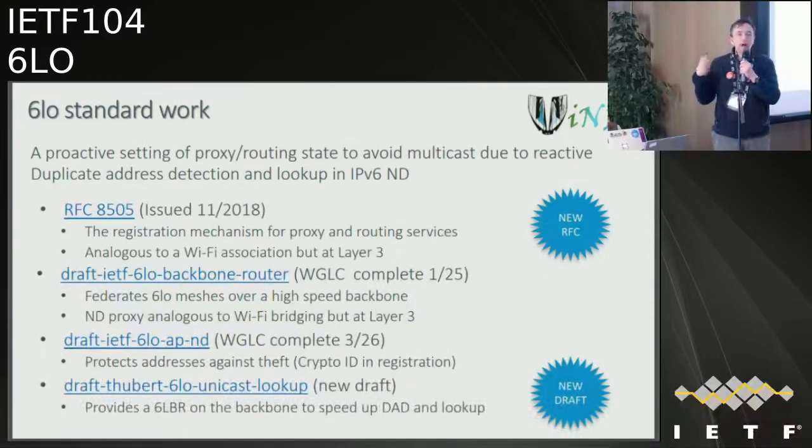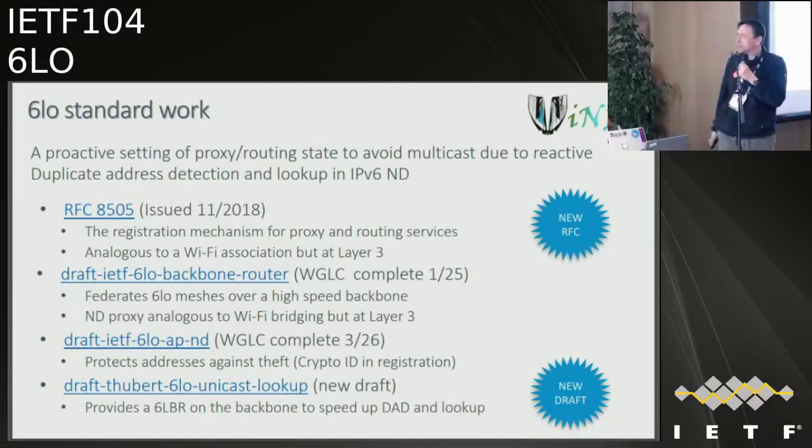Or you could ask the 6LBR whether this address is already taken. And if it's not taken, then that is complete without waiting for a second. So this is what the last draft does. It basically propagates the concepts that we had in the wireless piece of the network in the 6LBR. We actually now place a 6LBR on the backbone, so we can avoid broadcast even on the backbone.